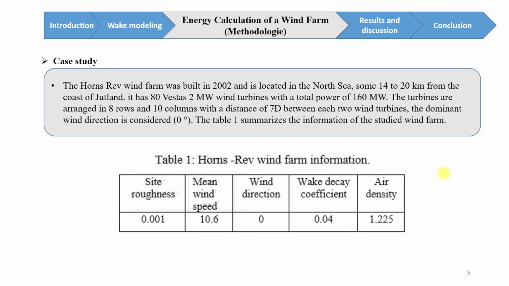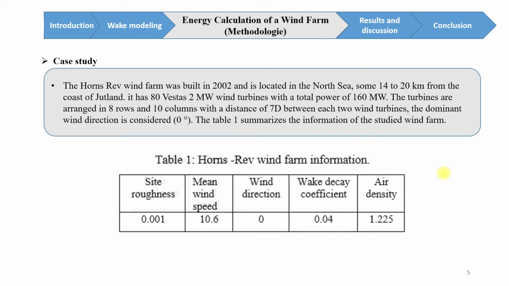It has 80 Vestas 2 megawatt wind turbines with a total power of 160 megawatts. The turbines are arranged in 8 rows and 10 columns with a distance of 7D between each two wind turbines. Dominant wind direction is considered 0 degrees.